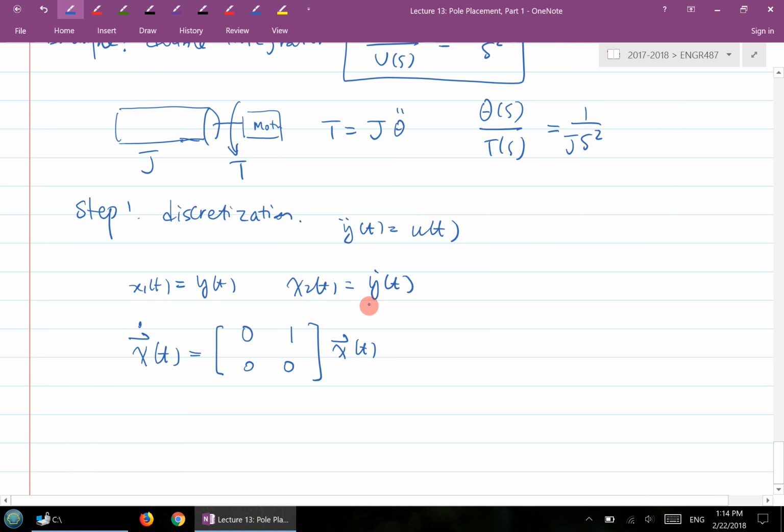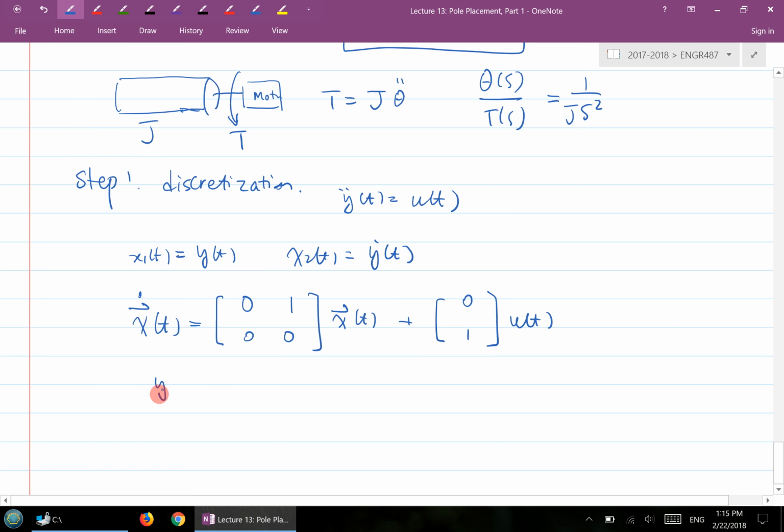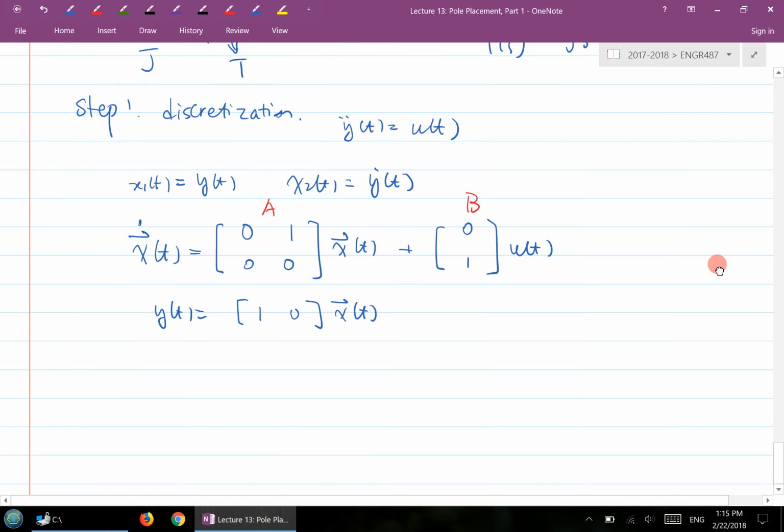From the selection of the state variables, you can write down the state space model for the continuous system. And your output y is basically [1, 0] times x of t. And here is the A matrix, here is the B matrix.